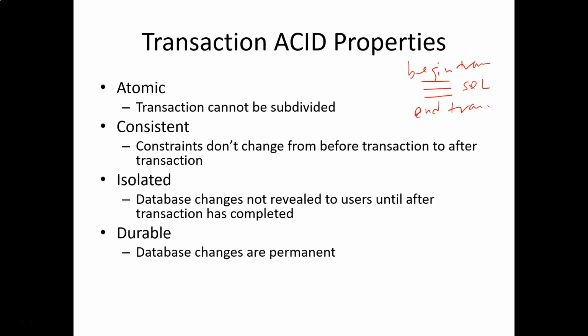And the transactions must be consistent, which means the constraints don't change from before the transaction to after the transaction. And the transactions need to be isolated, which means the intermediate results are not going to be released to the user until the whole transaction is completed. Also, the transaction needs to be durable, which means the changes to the database need to be permanent.